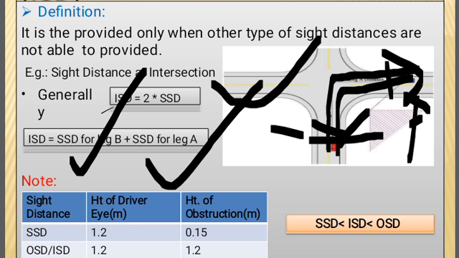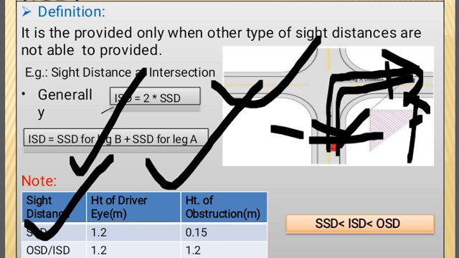For stopping sight distance, the height of the driver's eye above the road surface is considered as 1.2 meter, and the height of the obstruction above the road surface is considered as 15 centimeter, meaning 0.15 meter.